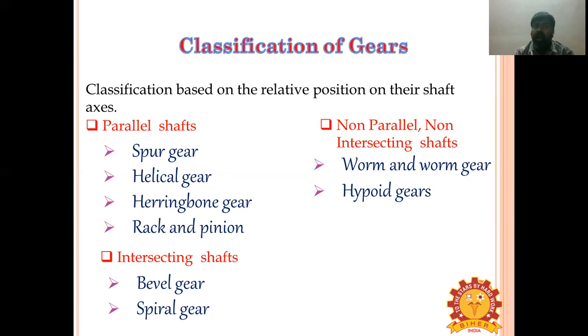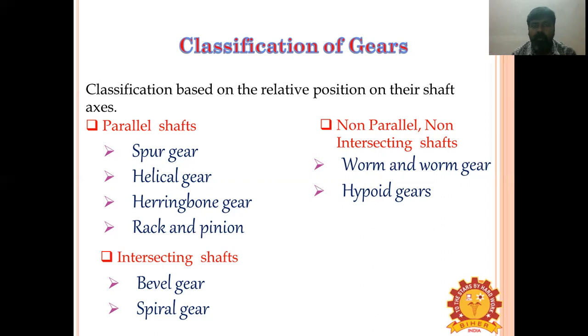Low velocity gears have velocity below 3 meters per second. Medium velocity gears are 3 to 15 meters per second. High velocity gears are above 15 meters per second.